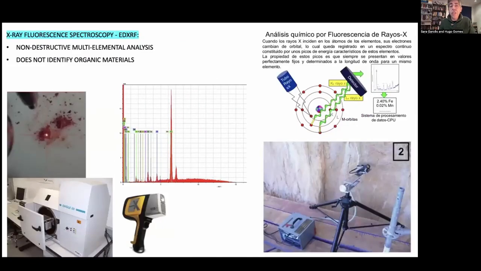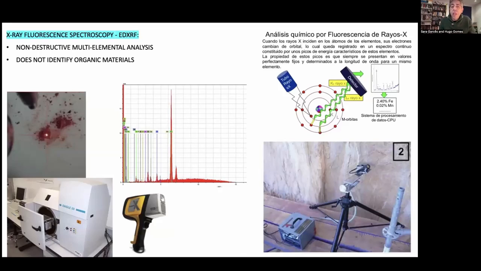XRF is a non-destructive method, so we keep the sample for other methods. For example, this is one that could also be used as a portable apparatus to go into the field, to go into the shelters, into the caves, to make a general analysis of the walls.